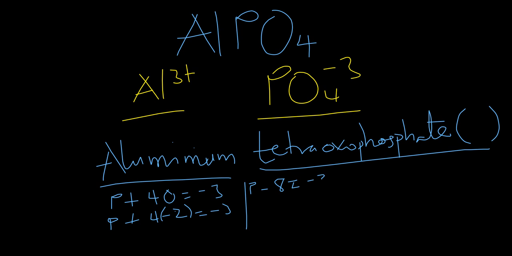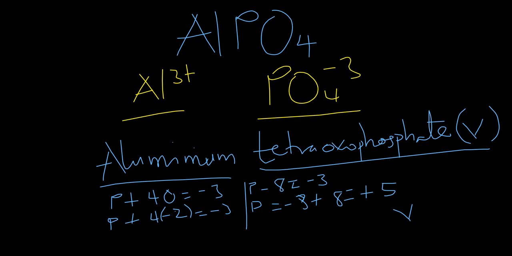So that will give us phosphorus equals minus 3 plus 8. So this will give us positive 5, which in Roman numeral will be V. So the bracket or parenthesis will have V there. So the name of this compound will be aluminium tetraoxophosphate(V). Let's look at another example.